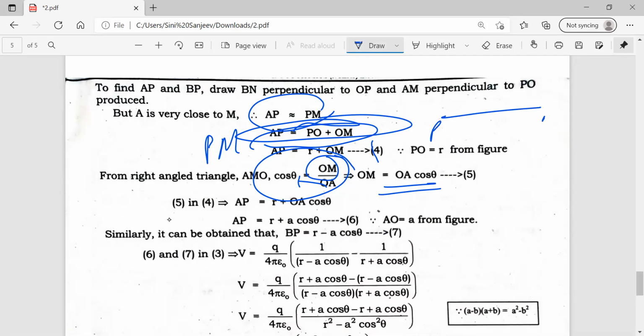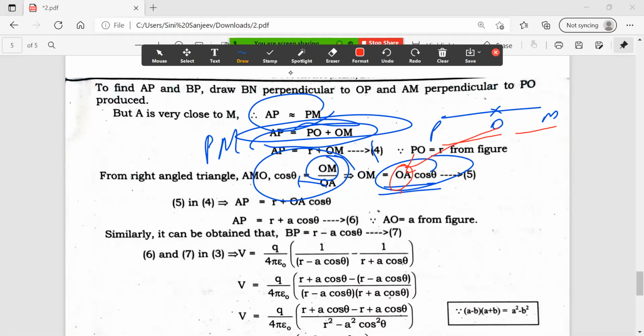OM I already know is OA cos theta, which I found from the cos theta relation below. So what is my PM? PM is nothing but PO plus OM, and OM is OA cos theta. What is my OA?